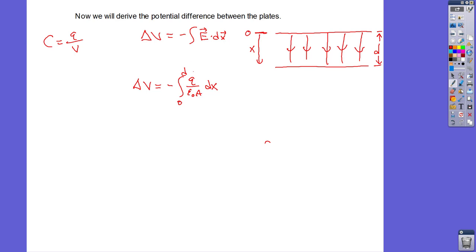Okay, so this is, as some of my college professors would say, basically a trivial integral to do, very easy. So delta V is equal to minus, because Q and epsilon naught and A are all constants, so the integral of dx is just x. Evaluate that from 0 to d, so we get minus Q d over epsilon naught A.